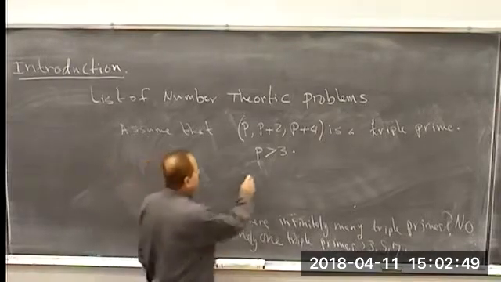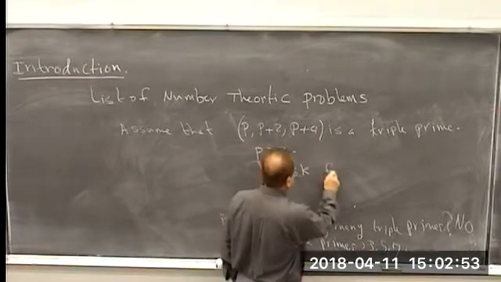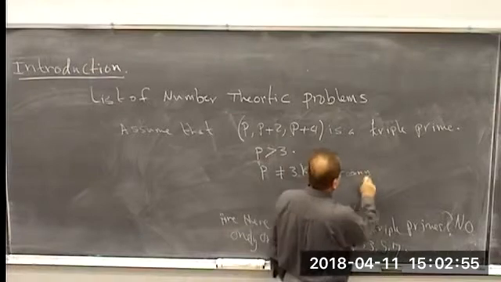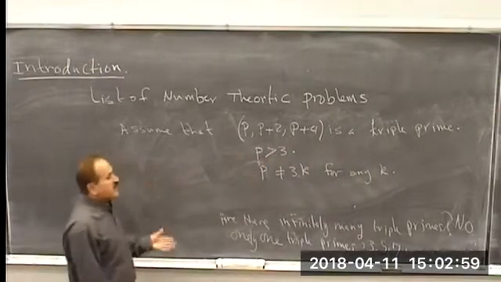So P does not equal 3K for any K. But it can be of the form 3K plus 1.